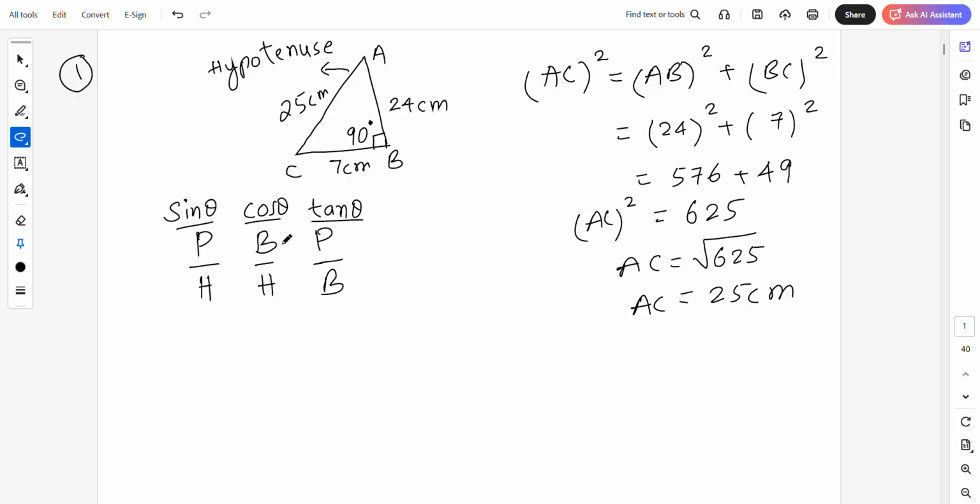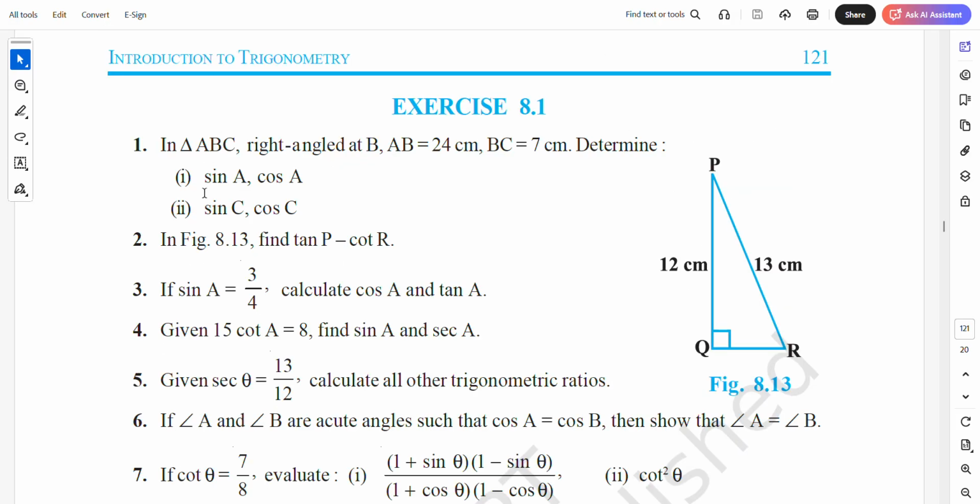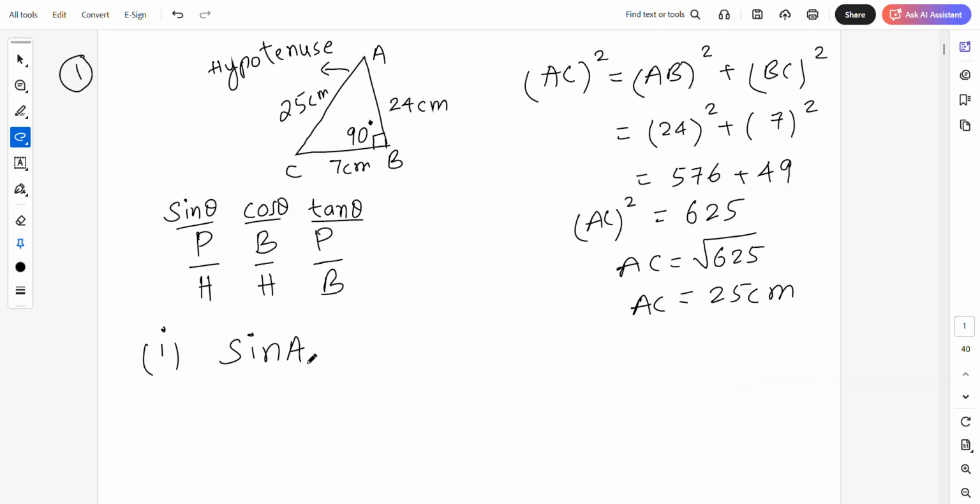That is how to write sin of A here, because they are asking us to calculate sin A and cos A. Sin A is perpendicular by hypotenuse. Cos theta is base by hypotenuse. Tan theta is perpendicular by base. Sin A is equal to perpendicular by hypotenuse.